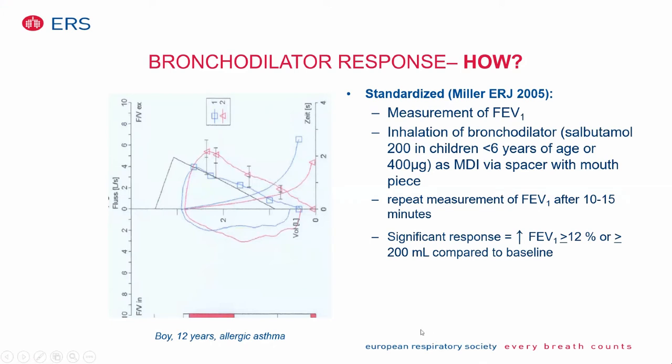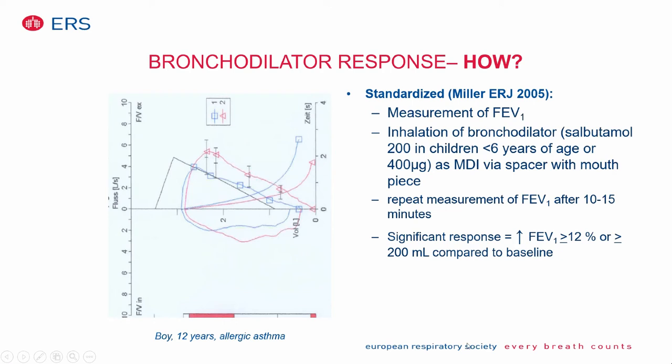asthma. Now, standards how to do bronchodilator testing are in the same ATS-ERS document that Nicolas has already mentioned, published already in 2005. You do a baseline measurement of FEV1, then you do inhalation of a bronchodilator, usually with the salbutamol MDI, 2 puffs in children less than 6 years old and 4 puffs in all older subjects.